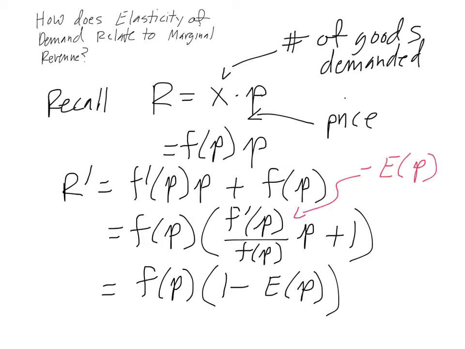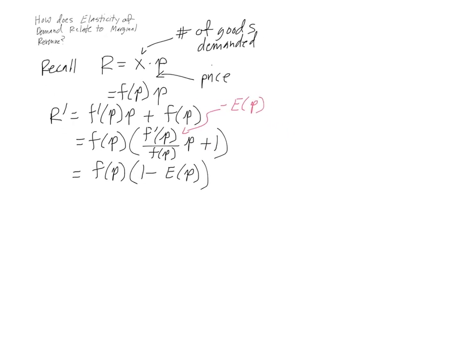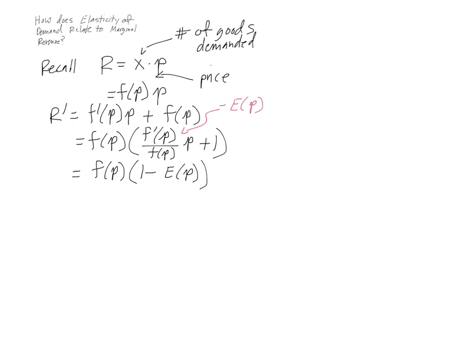Okay, so notice here, if we collapse down this formula, how does this work? Well, this is going to change sign at 1.